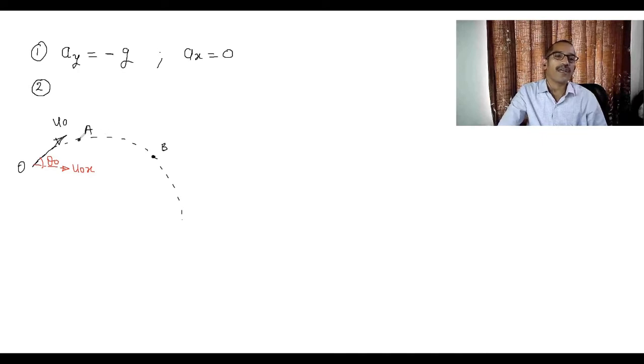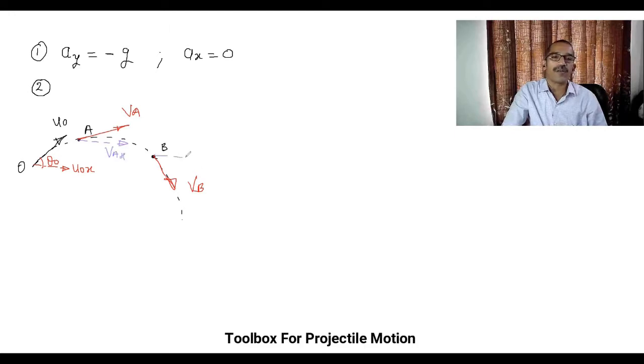Now at point A, the velocity is along the tangent to the path, so this is VA. At the next position, the velocity of the particle is again along the tangent, this is VB. Now at point A, if we resolve this inclined velocity, we definitely get two components, VAx and, at B, the horizontal component VBx.